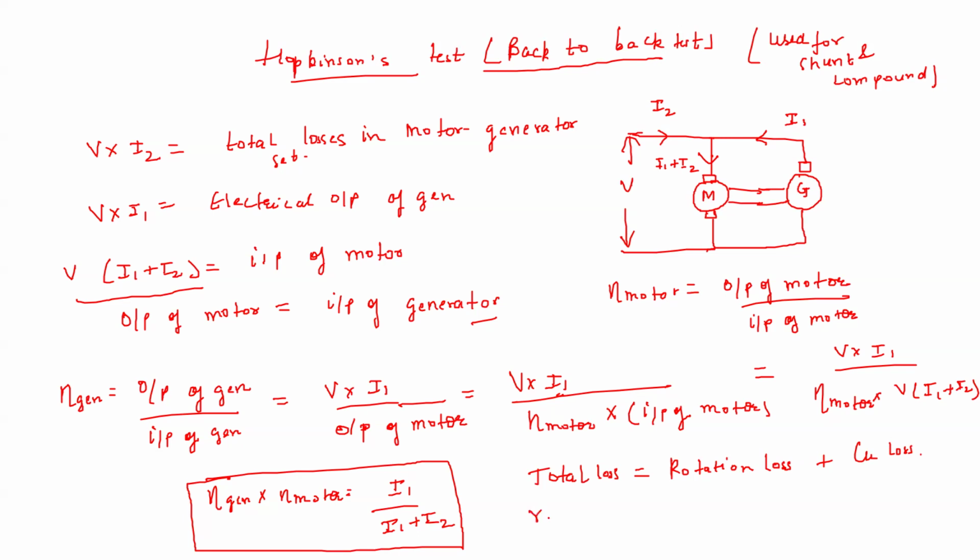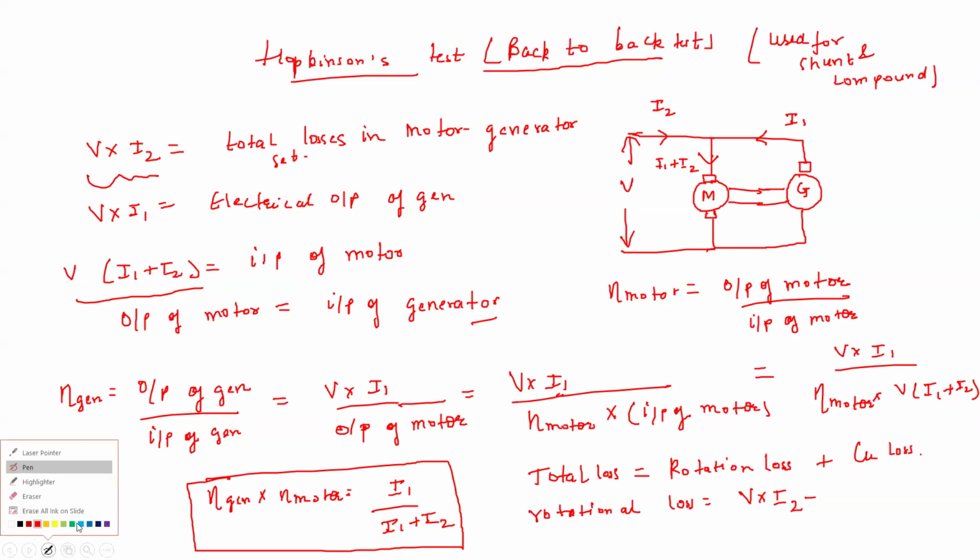Rotational loss is the total loss. The total loss is V into I2, which is the power taken by the motor to meet the losses, minus all the copper losses. So the copper losses are in each of the armature windings and in each of the field windings.